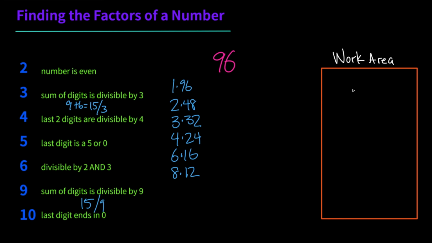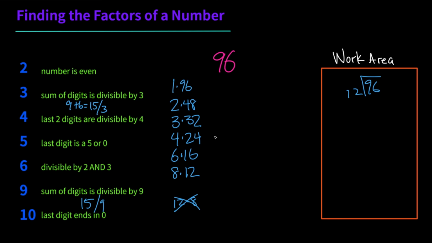We can do 12. If we have 96 divided by 12, if we know our multiplication, we know 8 times 12 is 96. We have 12 times 8. But if we notice, we already have 8 times 12. That means we're starting to repeat ourselves. We have found all of the factors of 96.